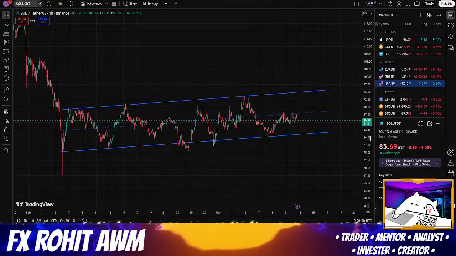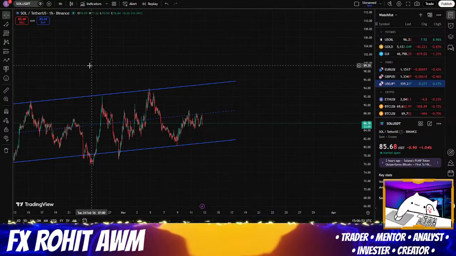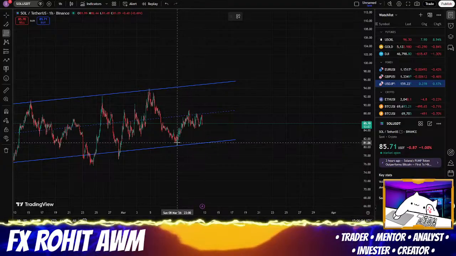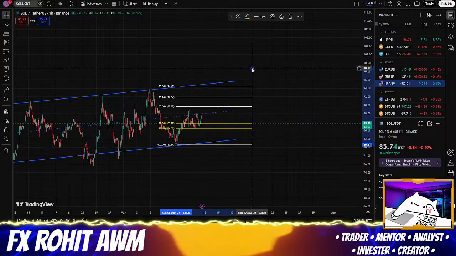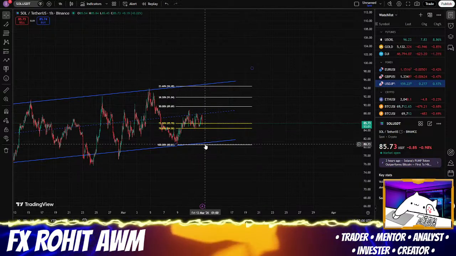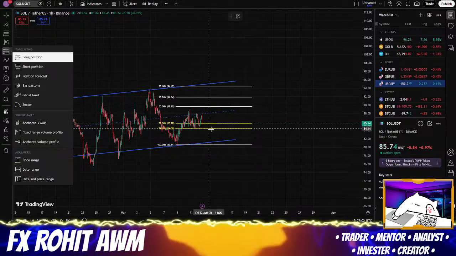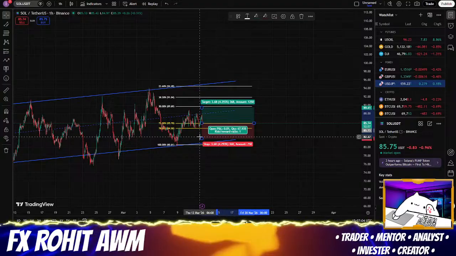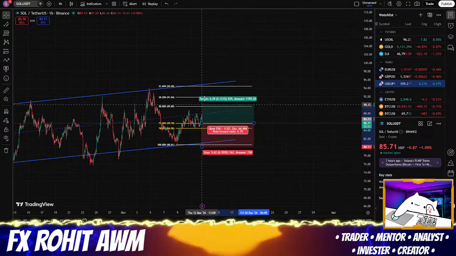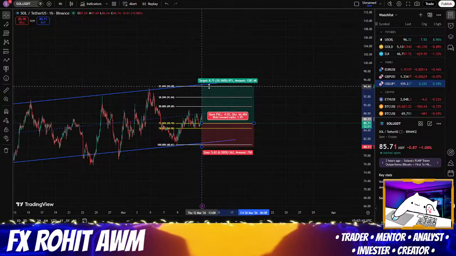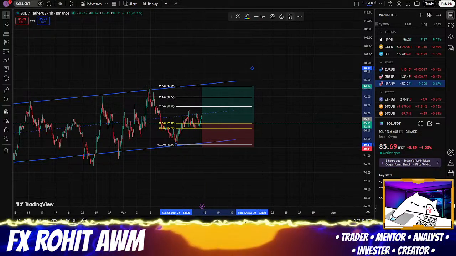Yes. So then we need to place a fib. Okay. For that zone. This low is our SL.